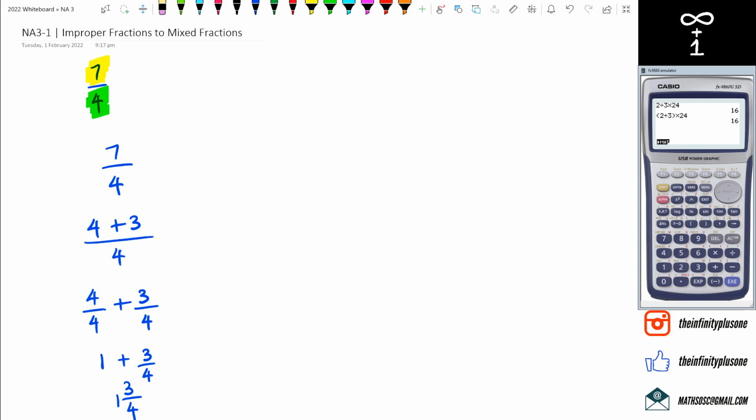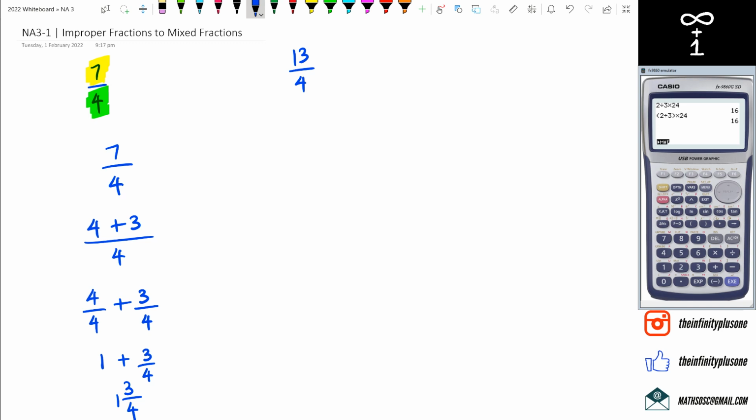Now, what happens if it's not just one whole number? Let's go back and have a look at that as well. Let's say we take 13 over 4. If we do 13 over 4, what I want to do is take the biggest multiple that's closest to 13.